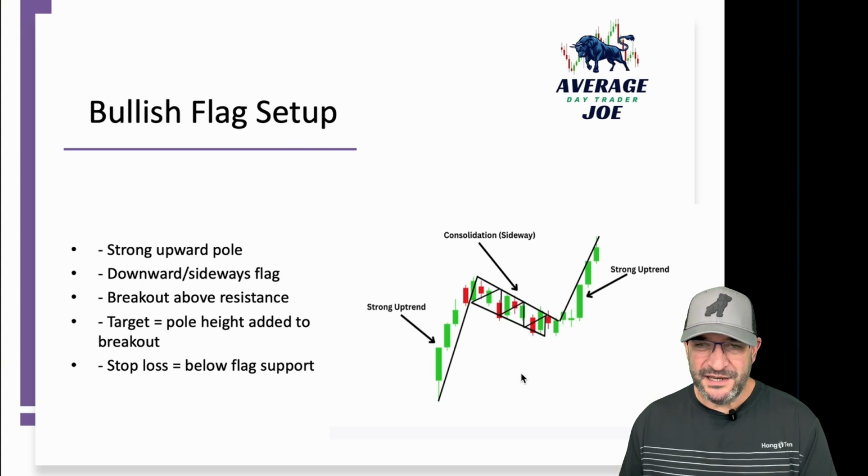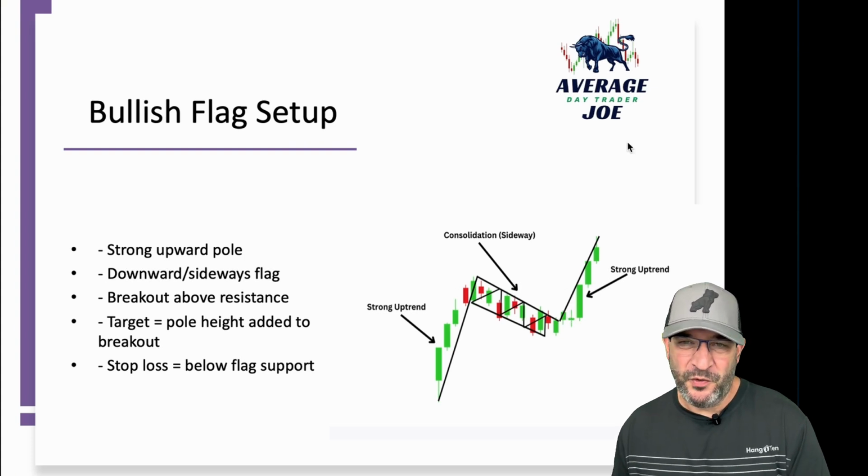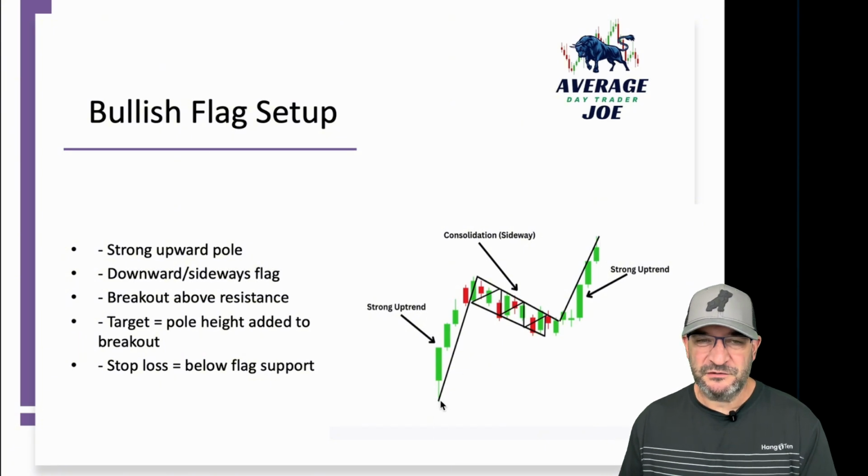And the target is the height of this pole. So you have the entire run of this pole, it pulls back, and then once it gets to this break of resistance, basically the target is the next pole height, which should match this pole height. And we add that pole height to the breakout.